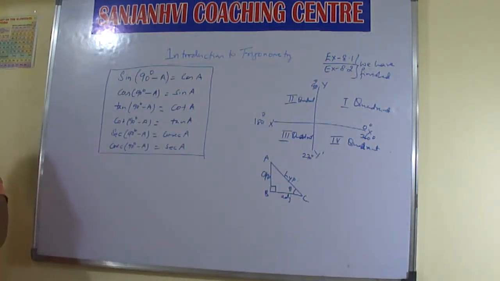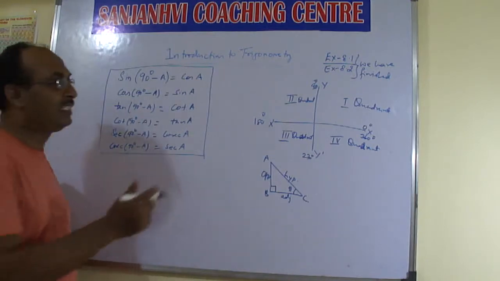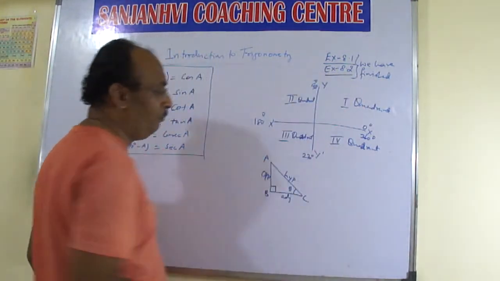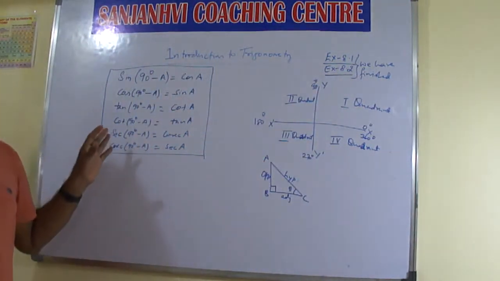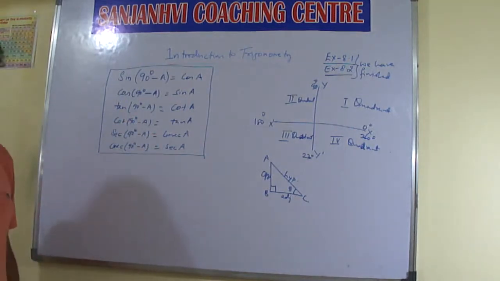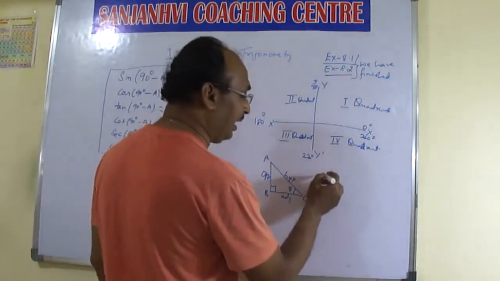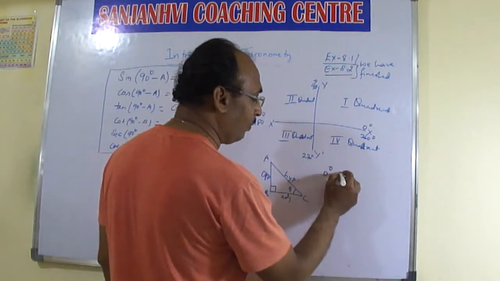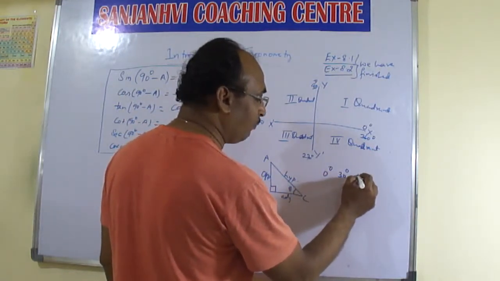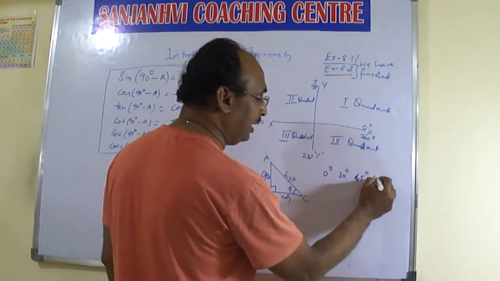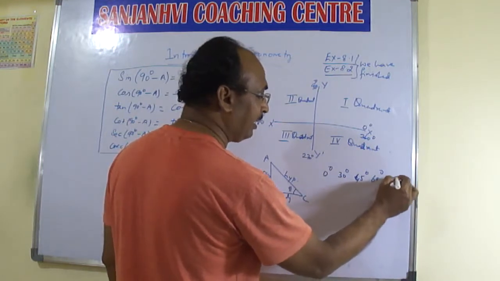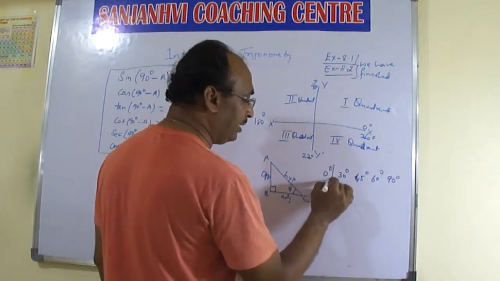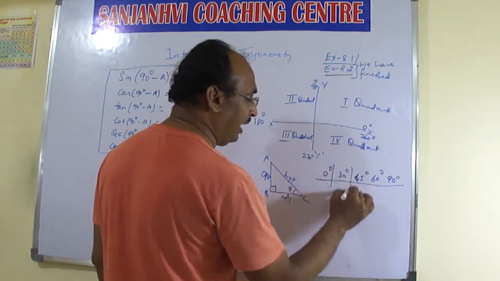In exercise 8.2, we found trigonometric ratios for different angles: 0 degree, 30 degree, 45 degree, 60 degree, and 90 degree.